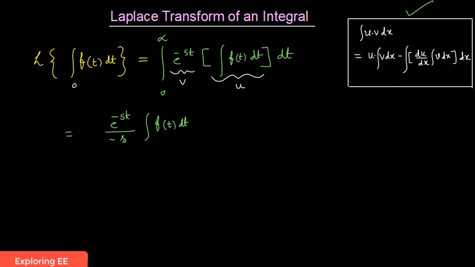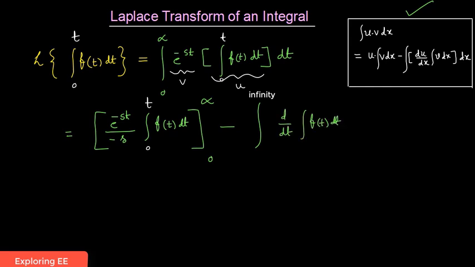You can put a limit also here, 0 to t, under the limit 0 to infinity, minus integration of the derivative of this integral, which will be simply f(t), because derivative and integral will be cancelled out, multiplied by the integral of e to the power minus st dt, whole dt.